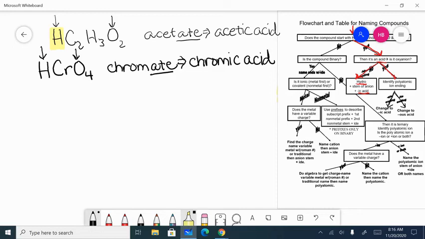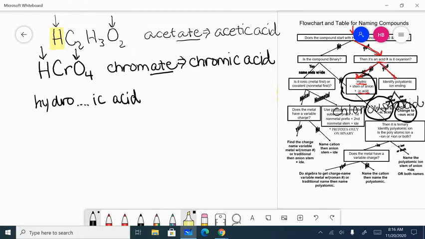So let's summarize. We have three types of acids. We have binary acids, and we have ternary acids. So hydro and then IC acid is an acid with no oxygen.